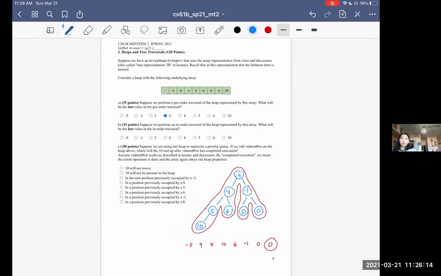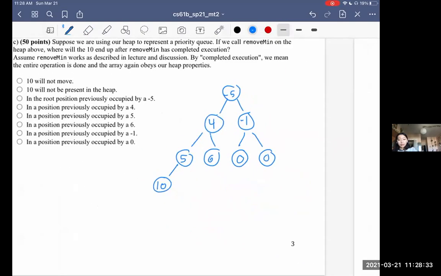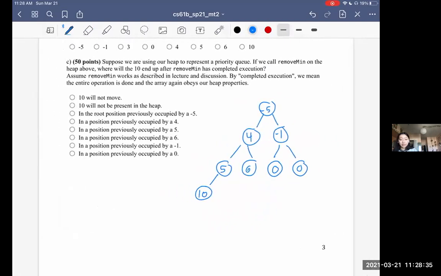Another way to do this, if you are uncomfortable with this little drawing hack, I think it's super useful, and I would love for people to use it and appreciate it. But another way we could do this would be to more properly perform DFS, maybe with an underlying stack or something of the sort. And so we can imagine if we decided to explicitly write out this stack, we would start at -5.